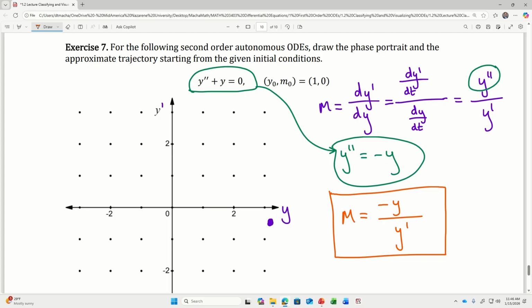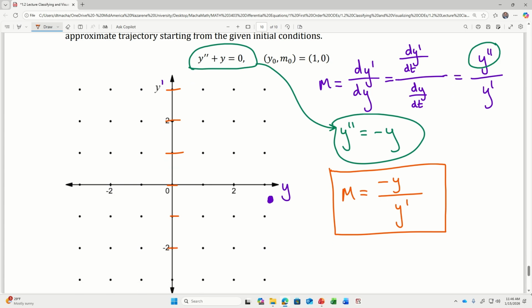So everywhere where y is 0, I'm going to have a 0 slope. So where y is 0, boom, 0 slopes, flat line segments. Everywhere where y is positive and y prime is positive, like in the first quadrant, I'm going to have a negative slope.